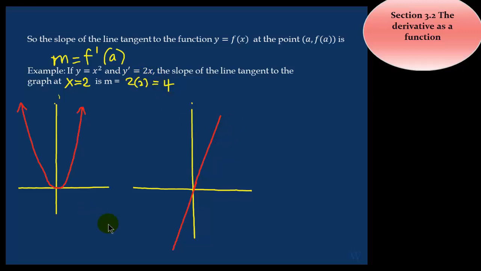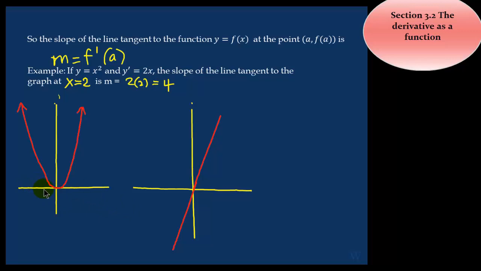What this says is that for every point on the graph of y equal to x squared, there is a corresponding tangent line to the curve at that point, and we record the slope, and that corresponding slope would be the y value for that particular x right here.